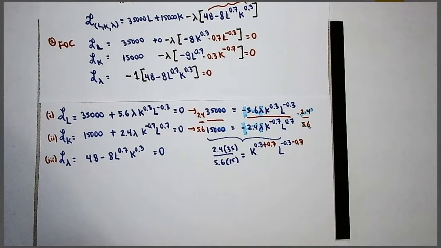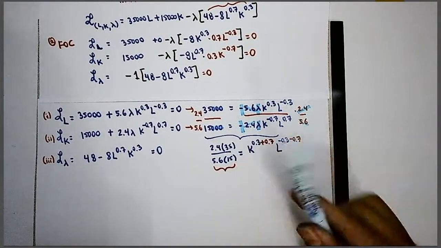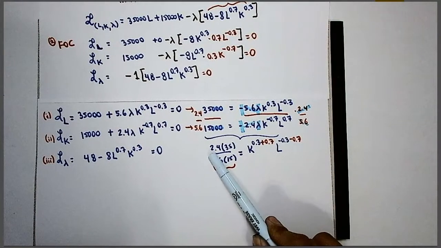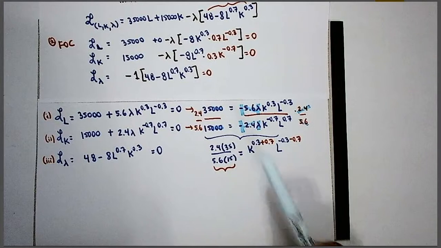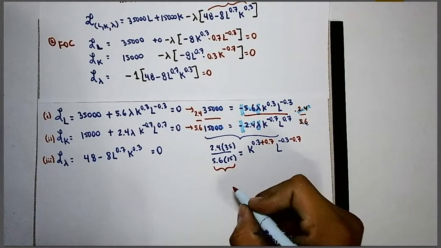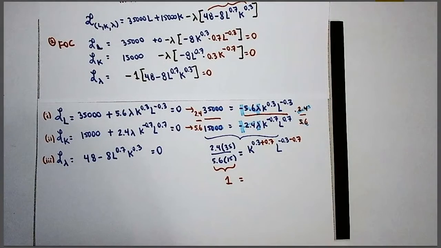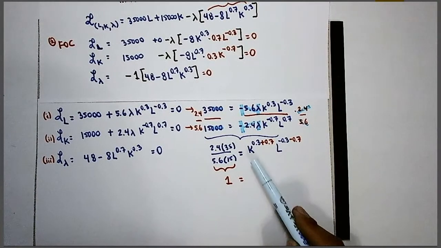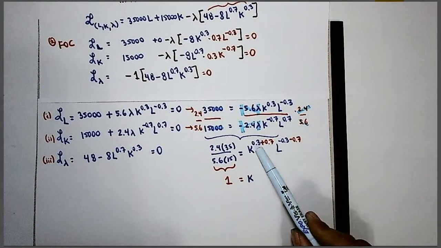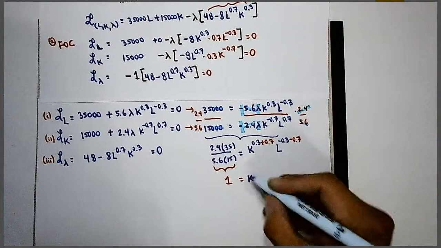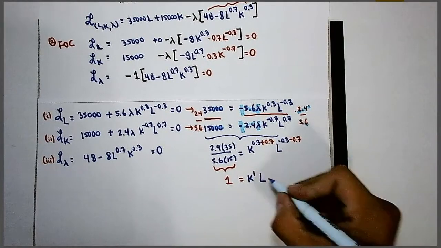Now, there is something very interesting about this operation. 2.4 times 35 divided by 5.6 times 15, if you do it in your calculator, gives you 1. On the other hand, K is elevated to 0.3 plus 0.7 is 1, and L is to the minus 1.